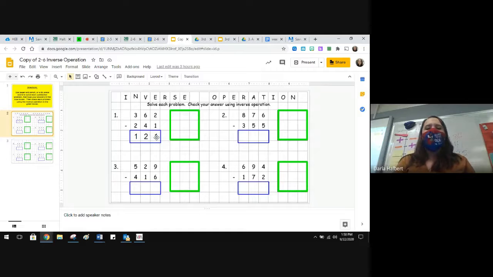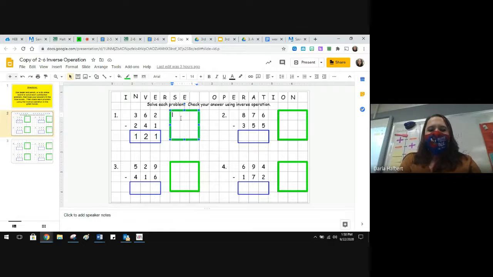Read it backwards. So what I'm going to write is 121 plus 241 should equal 362. Do not just write 362. Do your math, okay? Do your math. You got a brain. I want you to use it. Now, if you want to make your numbers bigger so you have one in each box, you can. You don't have to.